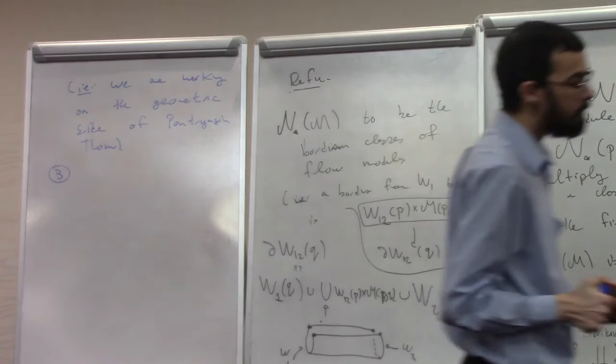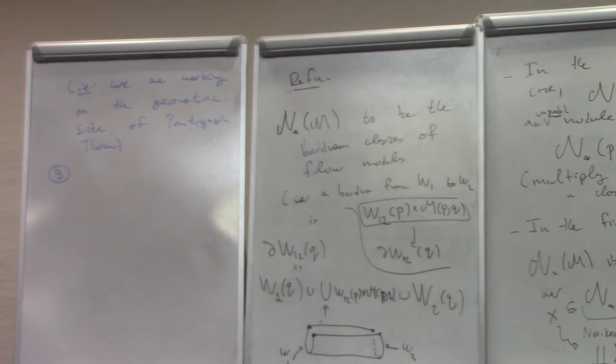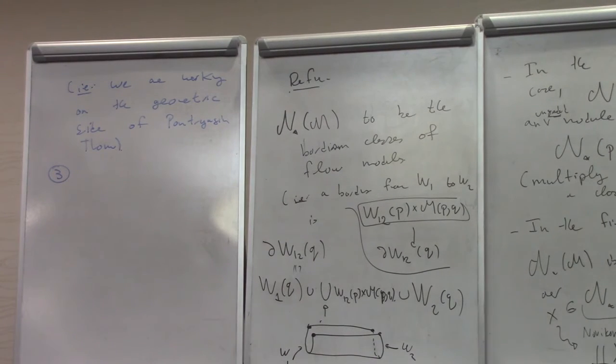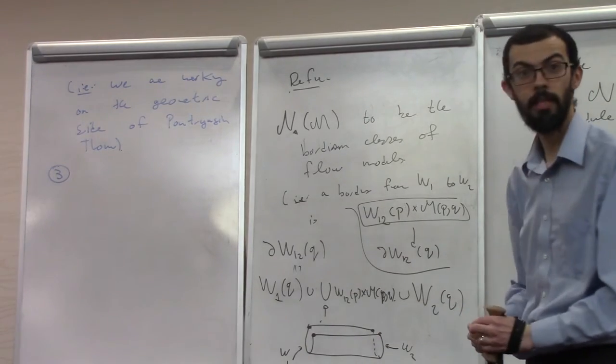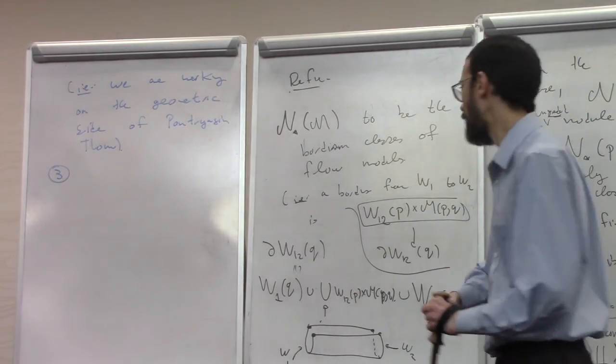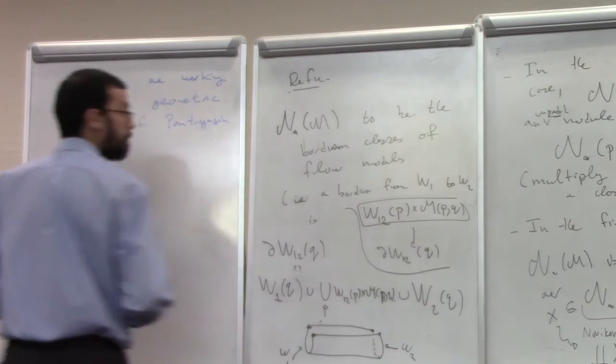So the third thing I want to talk about is the thing that Maxime objected to, which is that when you do Floer theory, you don't encounter manifolds. Okay? You don't encounter manifolds, you encounter something else. But whatever it is that you encounter has a Bordism theory.